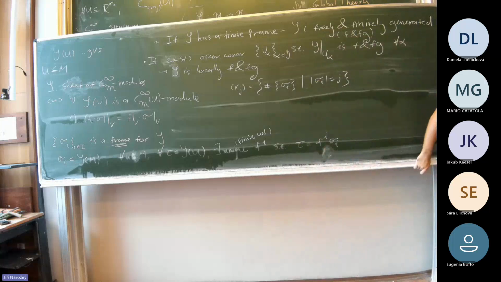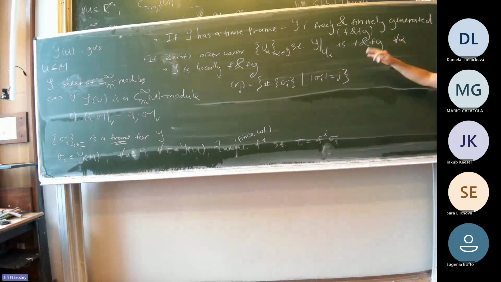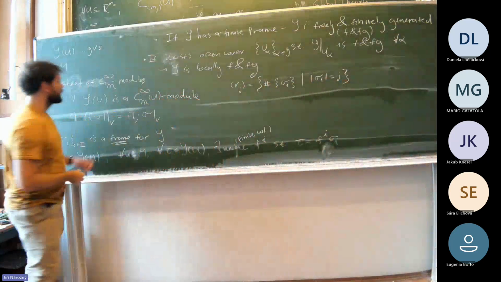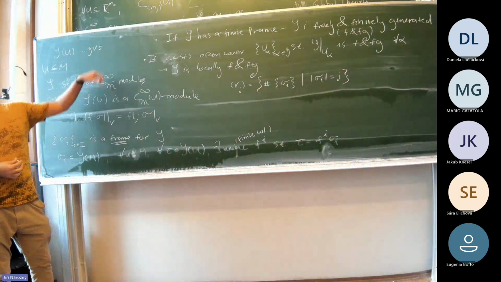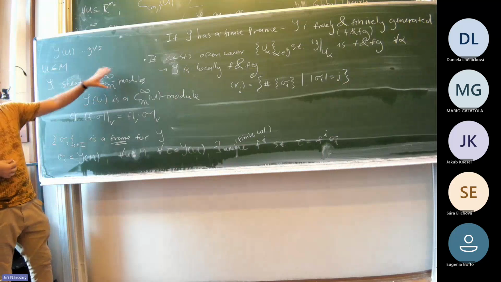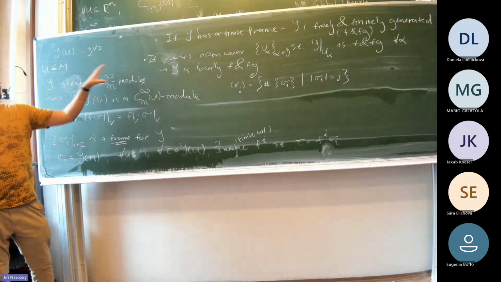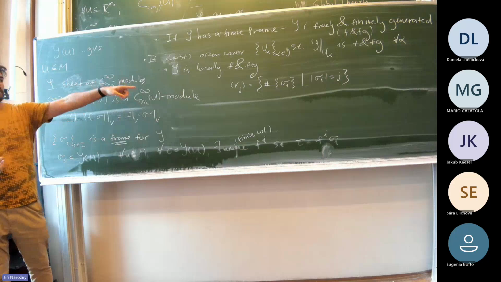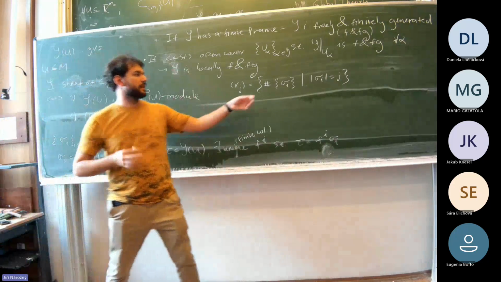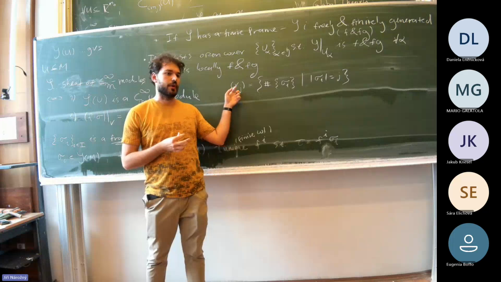Graded rank. Another side note: for a general graded algebra, if we have any sheaf of graded algebra modules, this may not be well defined. Different frames can have different corresponding ranks.